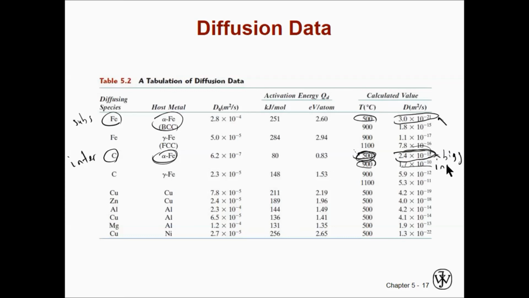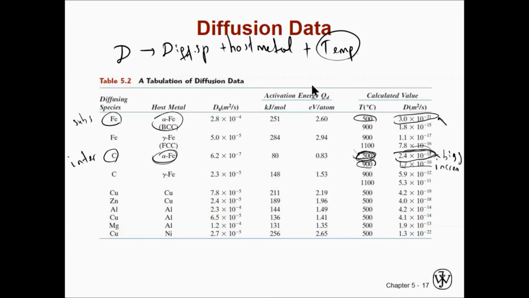It increased again. That means when we increase temperature, the diffusion coefficient increases. So the diffusion coefficient is defined by the diffusing species, host metal, and temperature.